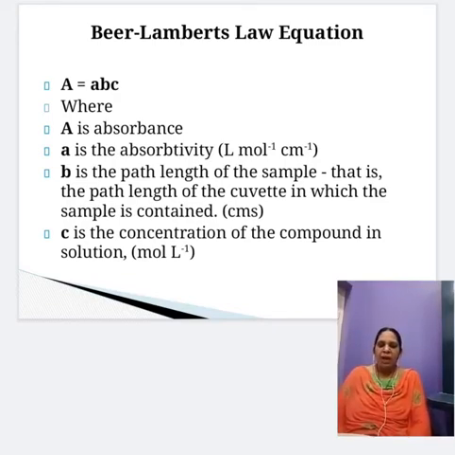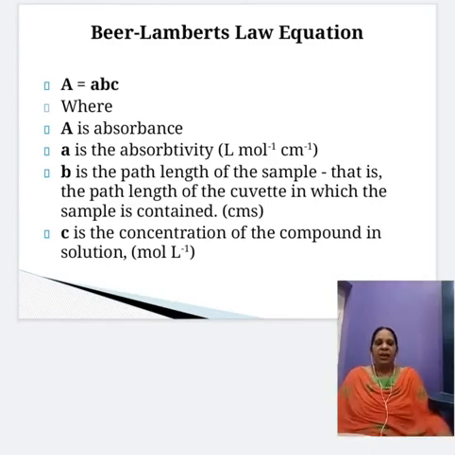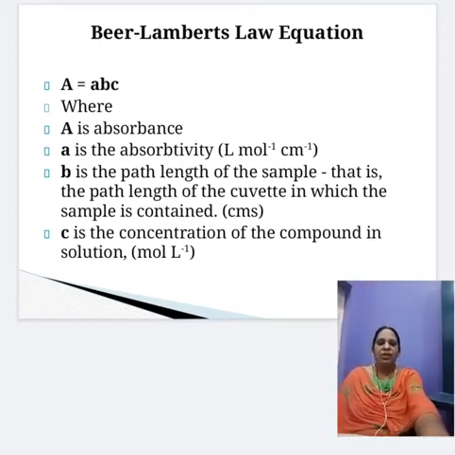It is proportional to concentration C. So when A is proportional to C, A is some constant into C. What is that constant? That constant, small a, is called the absorptivity of the medium. b is the path length of the sample, that is the path length of the cuvette in which the sample is contained, and C is the concentration of the solution.